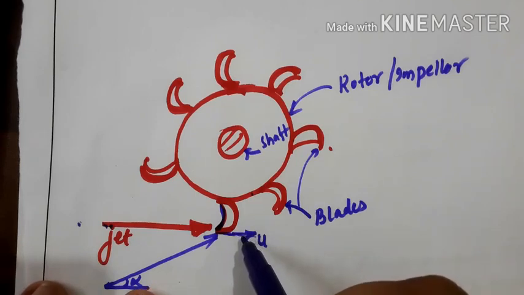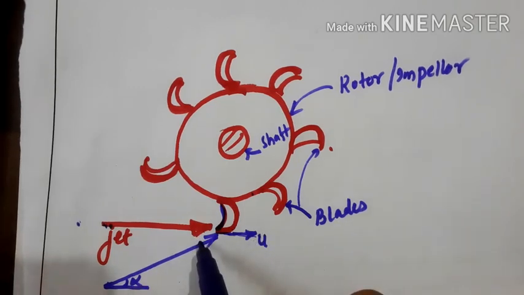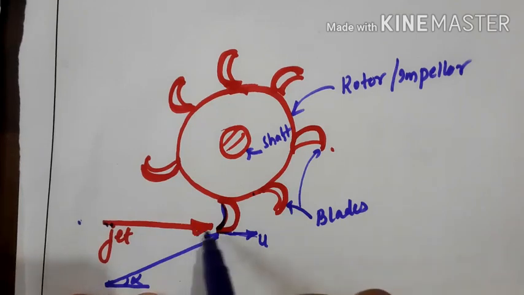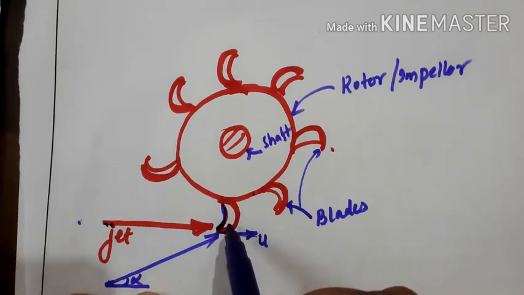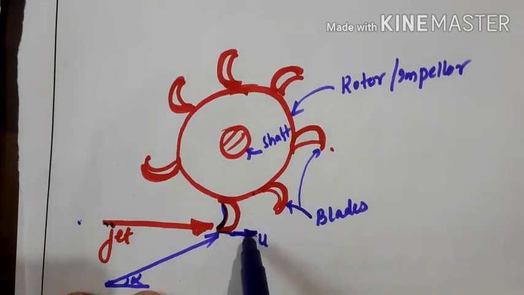But if you consider a very small amount of time with which the blade is in contact with the fluid, we will assume that it is having a linear motion in the direction given by the arrow.